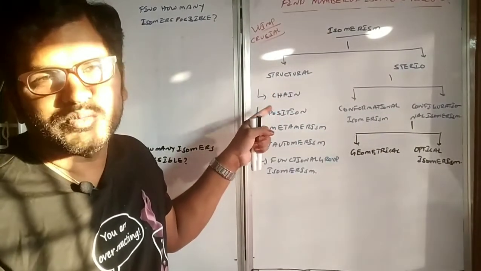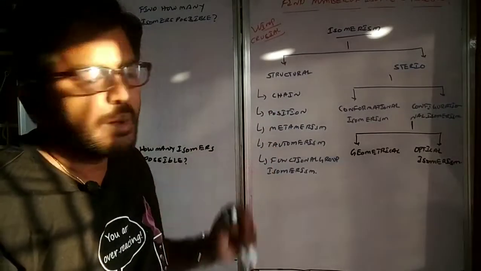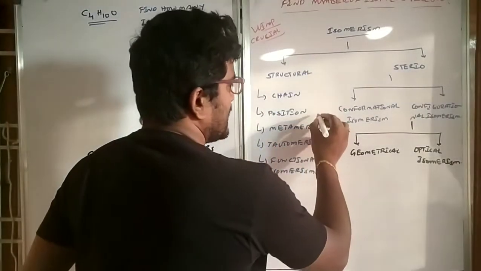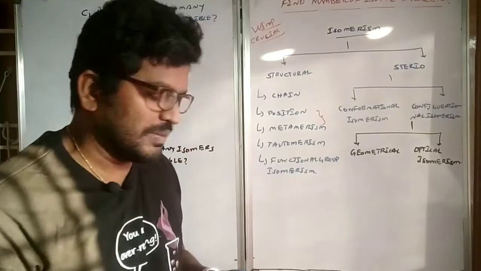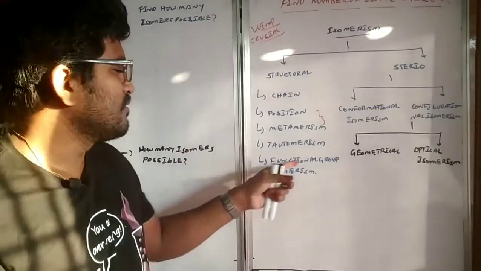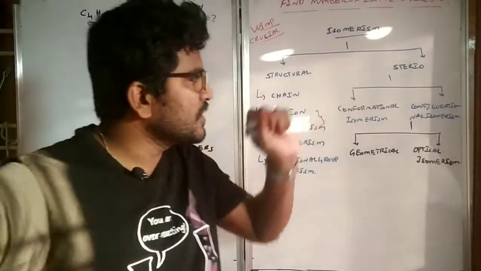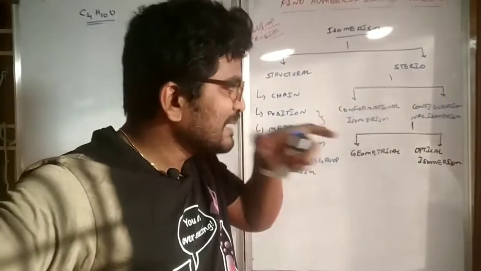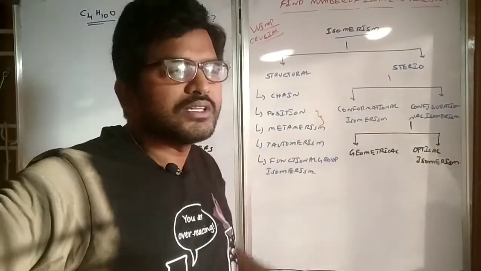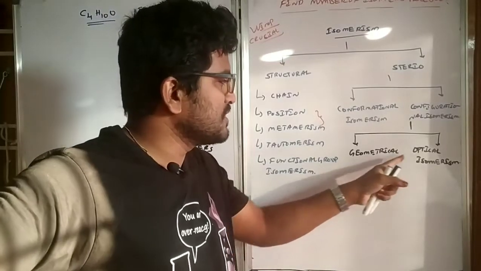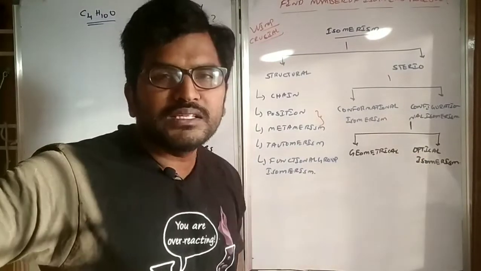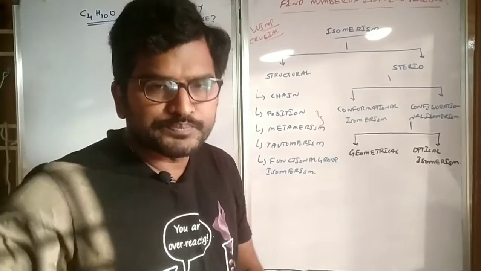In structural isomerism: chain, positional, meta, of course meta is a kind of positional isomerism, tautomerism, and functional group isomerism. In stereoisomerism: conformational isomerism and configurational isomerism, which is geometrical isomerism and optical isomerism.